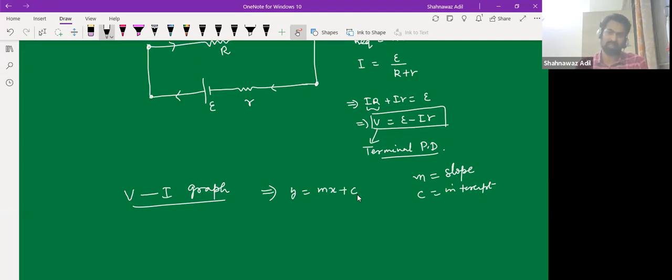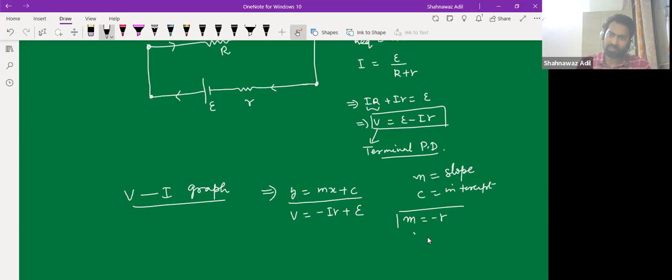So if we compare this with the equation V equals minus Ir plus E, what is the slope? The slope is minus r, right?